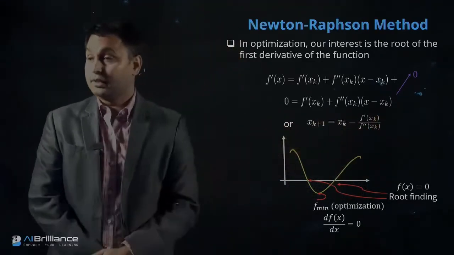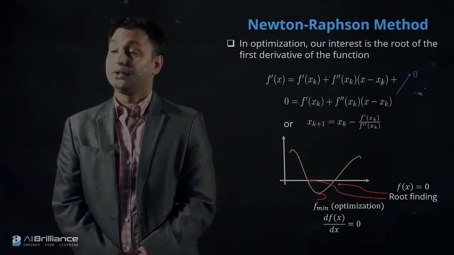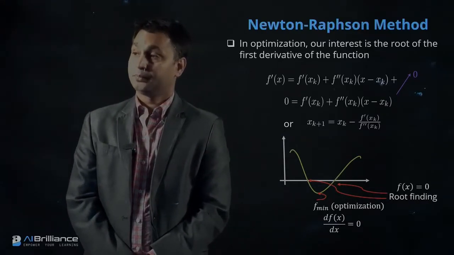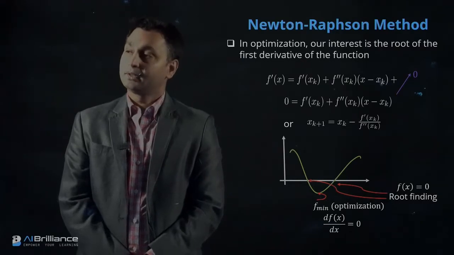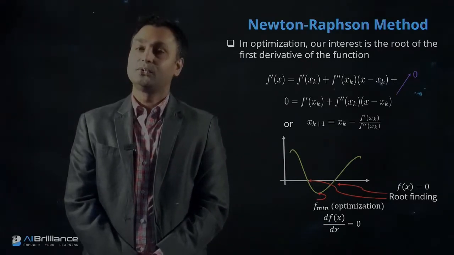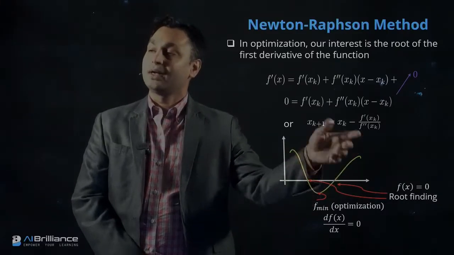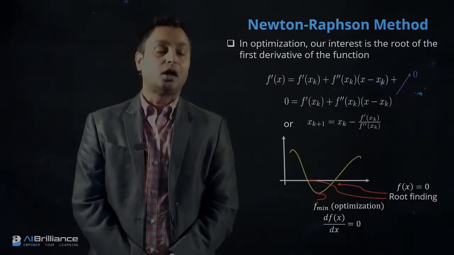So this is the iterative scheme, the algorithm that we are going to use to find the solution of an optimization problem. Let's take a very specific example and go through the iterative steps to see how we can use this equation to find the solution of an optimization problem.